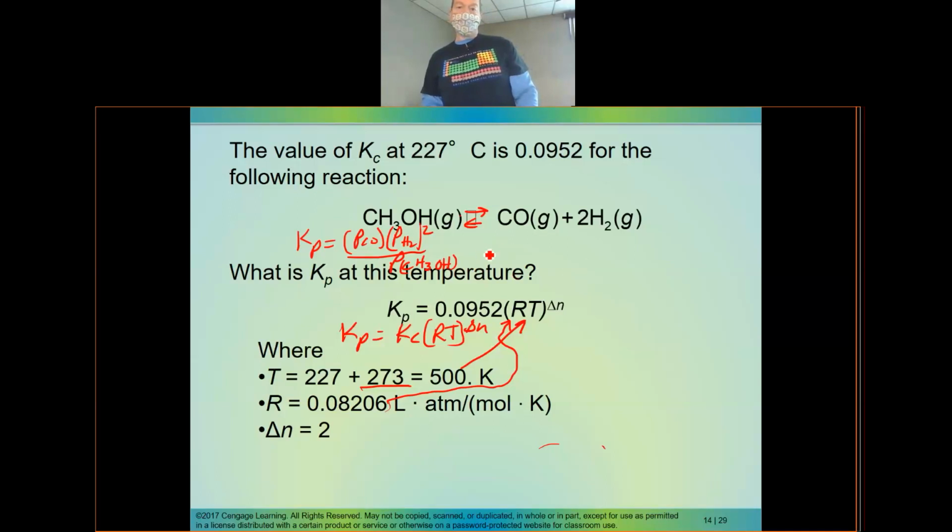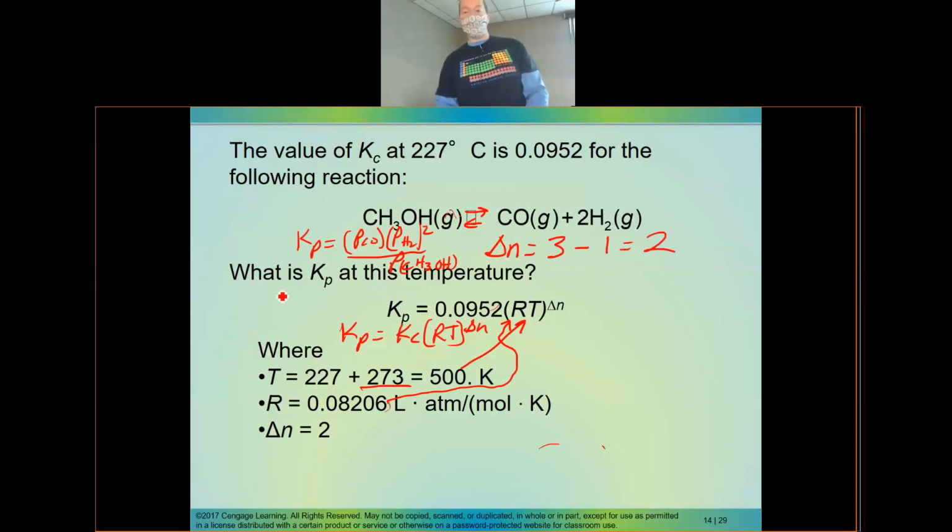So now we have everything except for delta N. To find delta N: products, gases, coefficients, 1 for your CO, 2 for your H2, minus coefficients of gaseous reactants, 1. Delta N is 2.